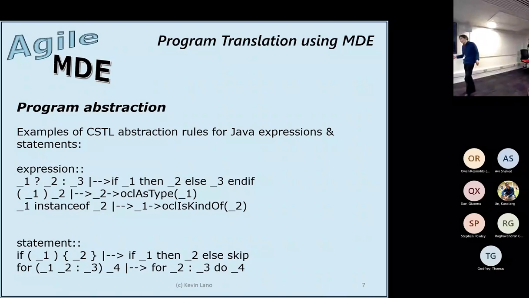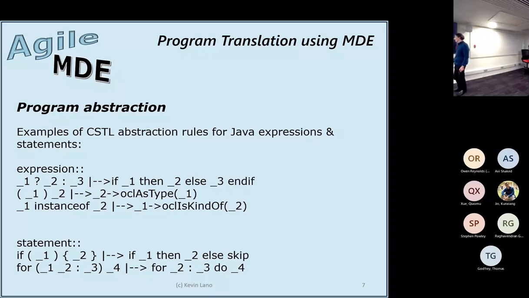They could be very complicated things, but here they're just represented as _1, _2. The translation on the right-hand side is the text in the target language, in this case, an if-else expression in OCL. And the underscore variables represent the translations of the things on the left-hand side. So it's a recursive thing. Translate this to that, translate that to that, and so on.